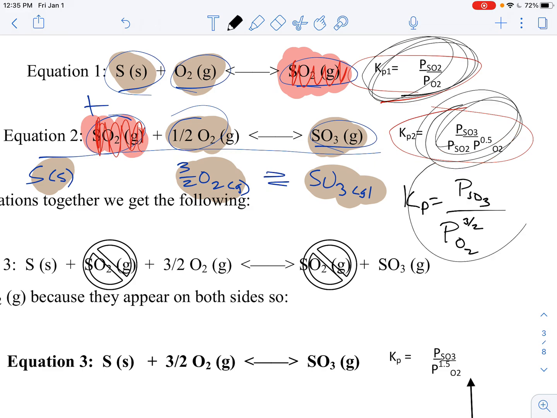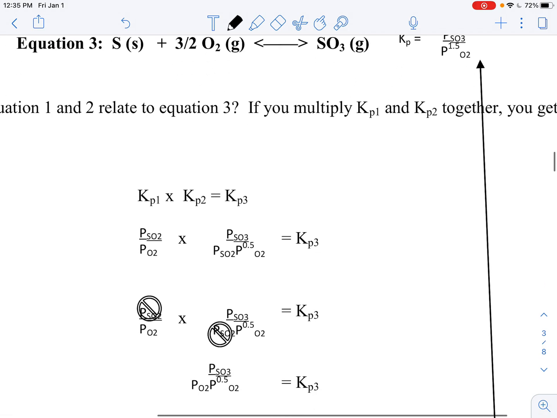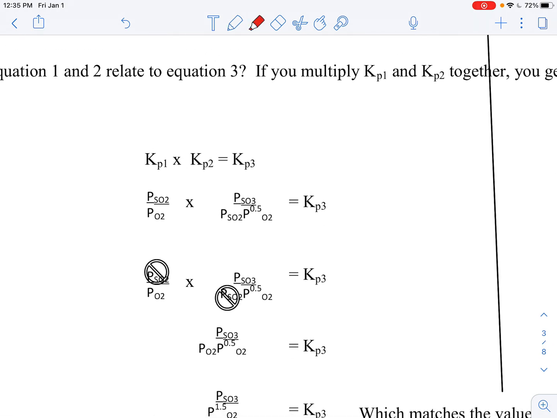So how then does this equation and this equation give us this equation? Well, all you have to do is multiply them together.